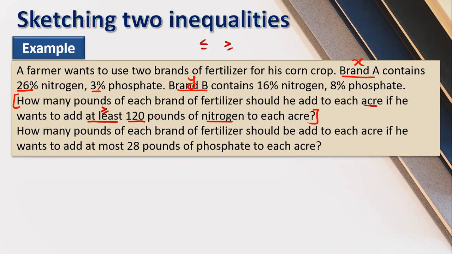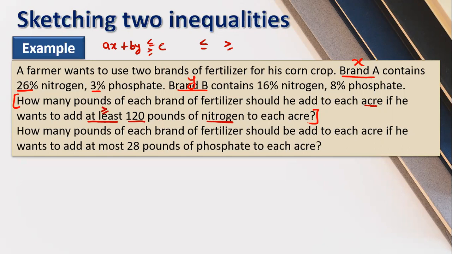Okay, so this means: how many pounds of each brand of fertilizer should he add to each acre if he wants to add at least 120 pounds of nitrogen? So for the condition on the nitrogen, always keep in mind the generalized shape of the inequality: ax plus by, either less than or equal or greater than or equal to c.